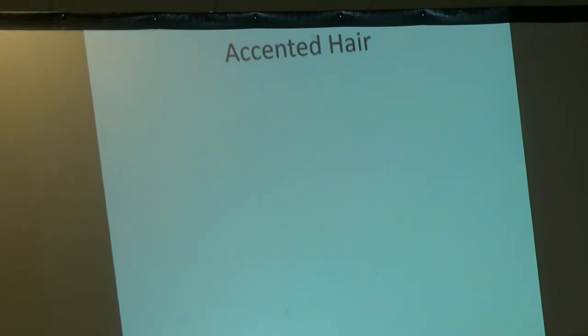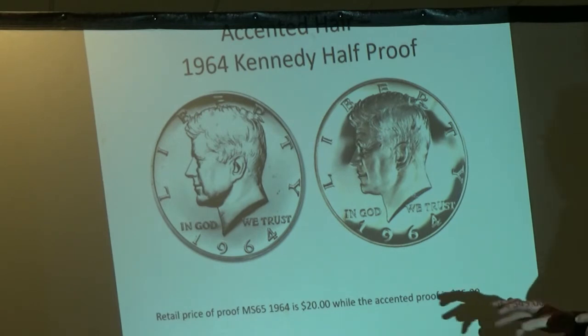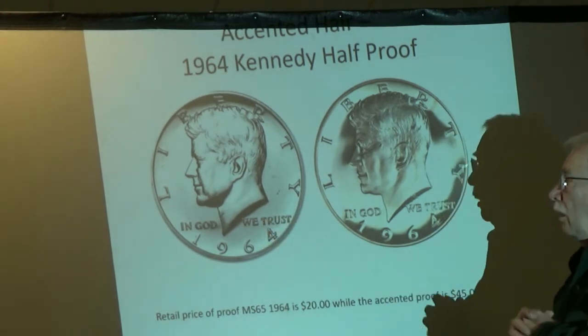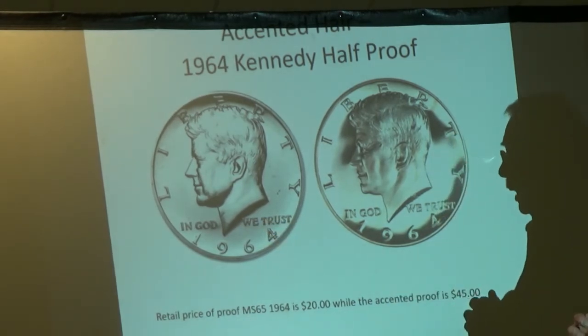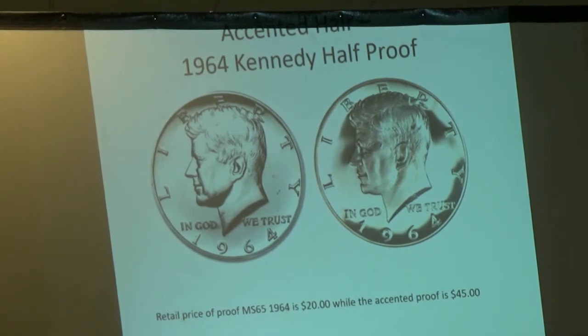Kennedy, what year? Okay. This is a 1964 Kennedy half proof. People went crazy with Kennedy coins when they first came out. The one on the left is a regular Kennedy coin, and this is the accented coin.